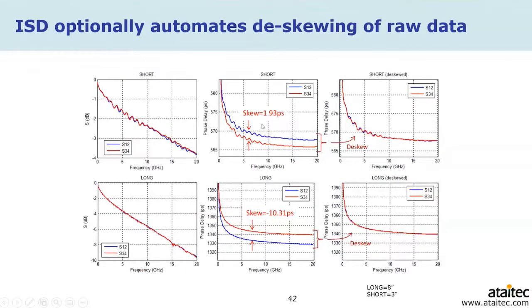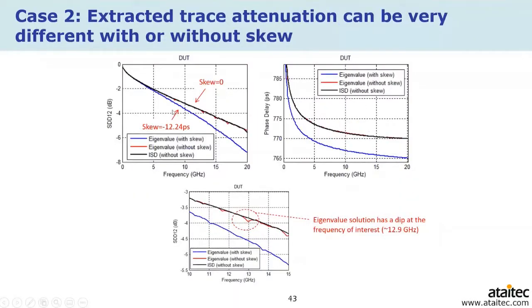The short trace has a positive skew, the long trace has negative skew, and if we don't deskew it before the embedding, then the results will actually be even worse skew. So here's one graph to show that with or without skew, the differential insertion loss after the embedding can actually be quite different, and ISD helps you do that deskew automatically.